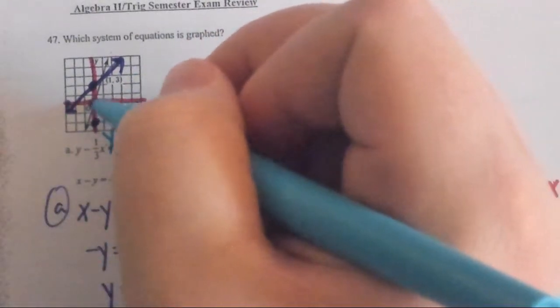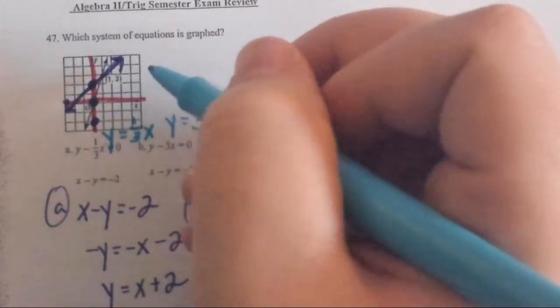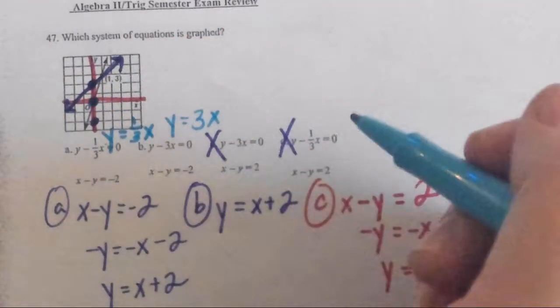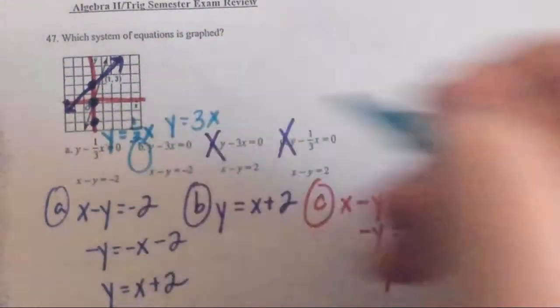So I get my intercept to 0, but did I go up 1 over 3 or up 3 over 1? I know my intercept was 0. What was my slope? So my slope is 3, so it's B.